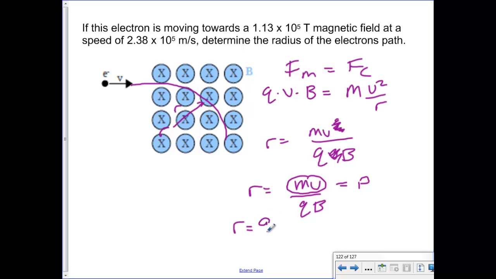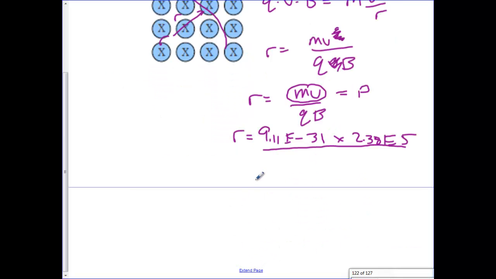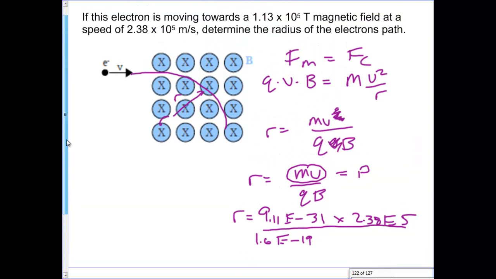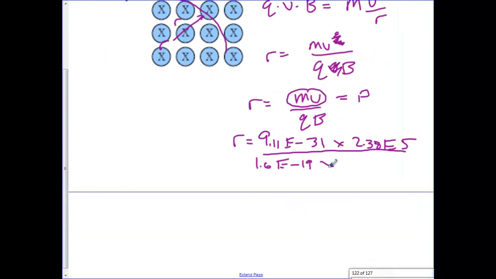What is the mass of an electron? 9.11 times 10 to the negative 31. The velocity was 238 times 10 to the 5. What's the charge of just a single electron? Just one. Good, like 1.6 times 10 to the minus 19. And we have the field strength because it's 113 to the 5.